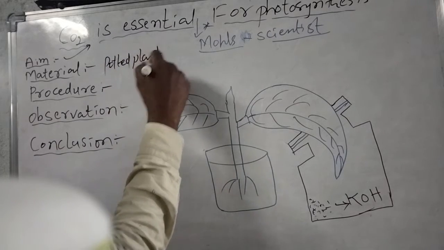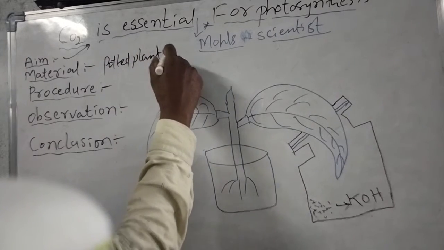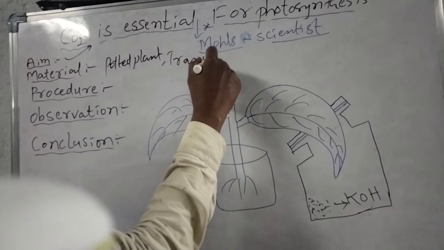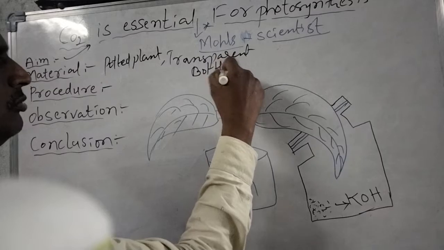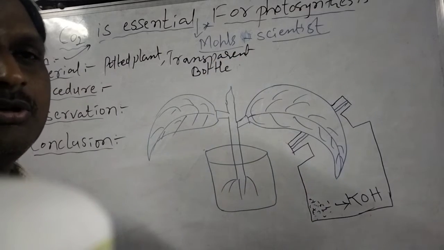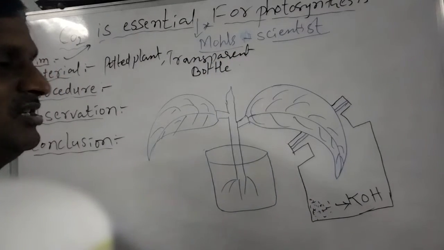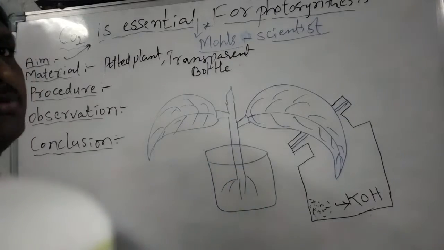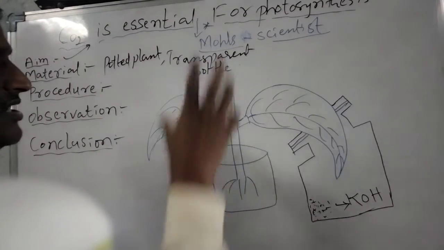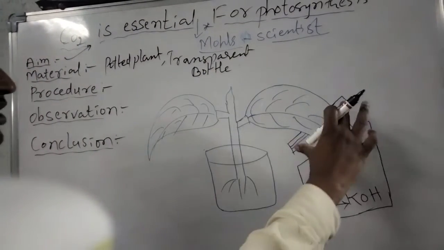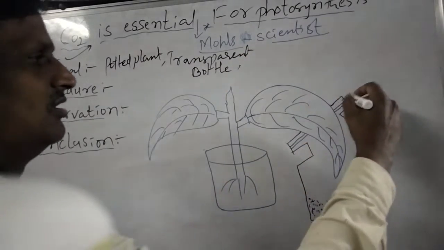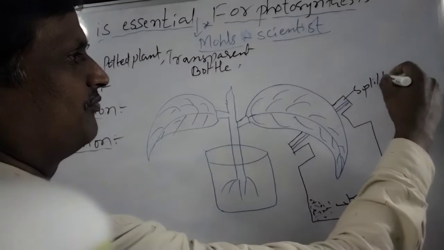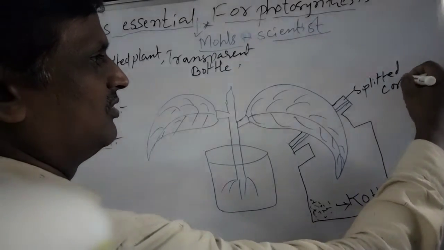Okay, right. Next, a transparent wide mouthed bottle. Here transparent means light should pass through this bottle. And wide mouthed, this bottle should have a split cork. See, this is a split cork, right?